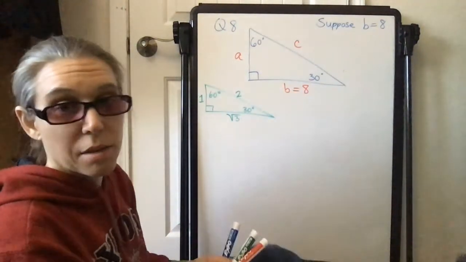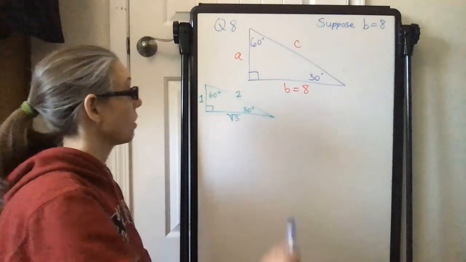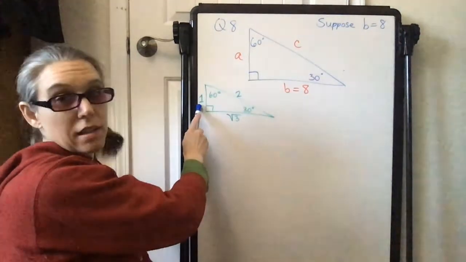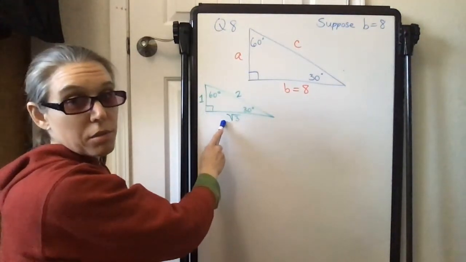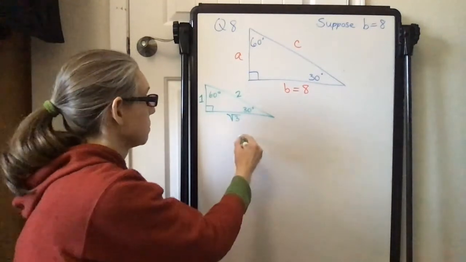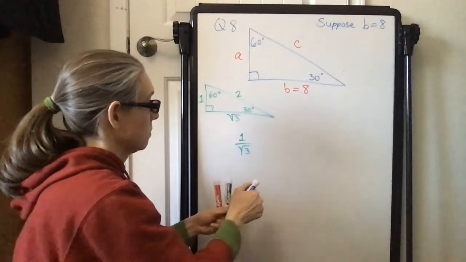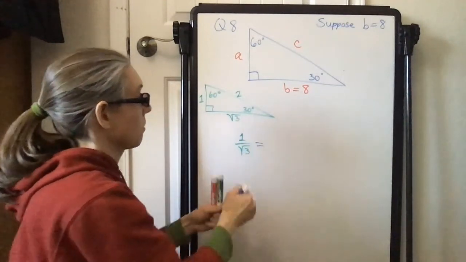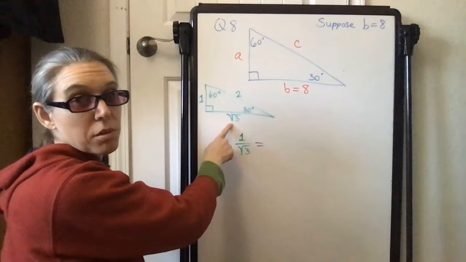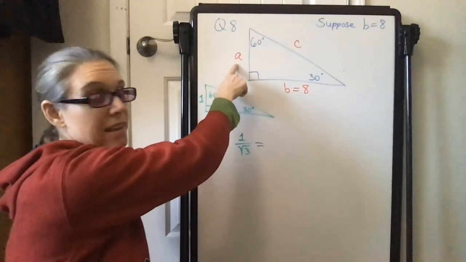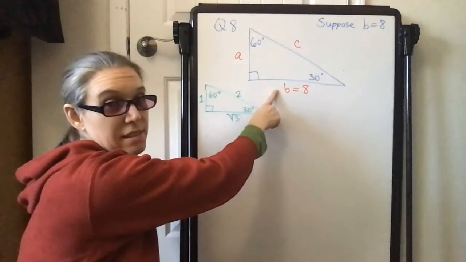And now I can set up a proportion, okay? So 1 is to the square root of 3 as A is to 8, right?